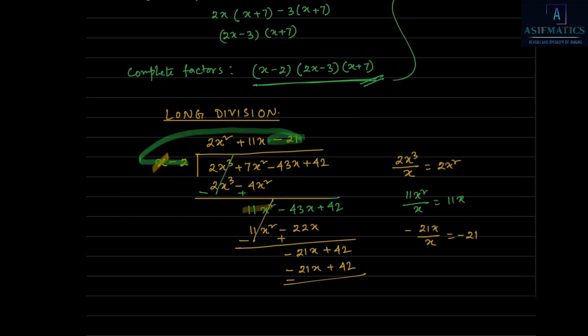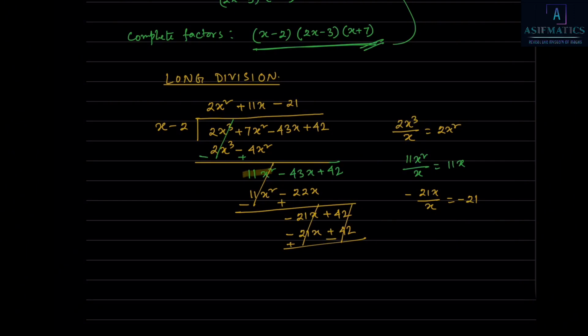And of course, if you change the sign, we have no remainder. So it's a complete division. And look at this one, we already got our quotient. This is our quotient.